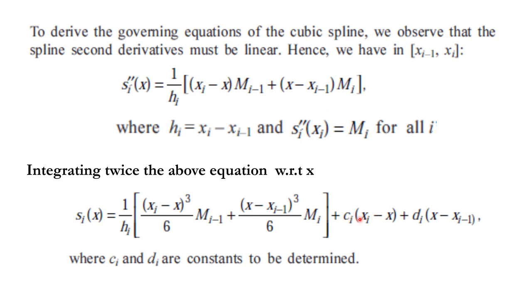So there are basically two constants. When we integrate again, this becomes cube by 3, and 3 into 2 becomes 6, here again cube by 6. Here the first constant ci into xi minus x, and second di into x minus xi minus 1.